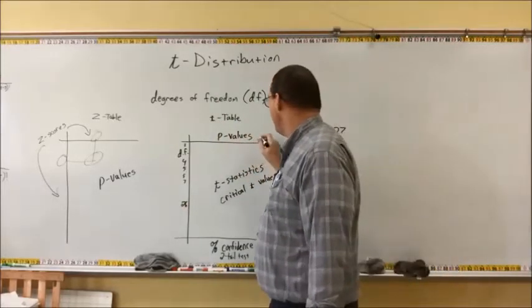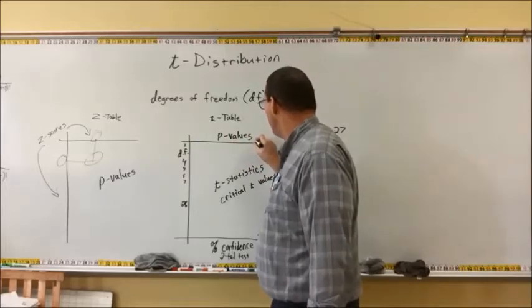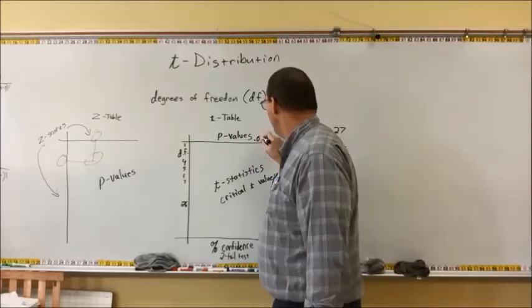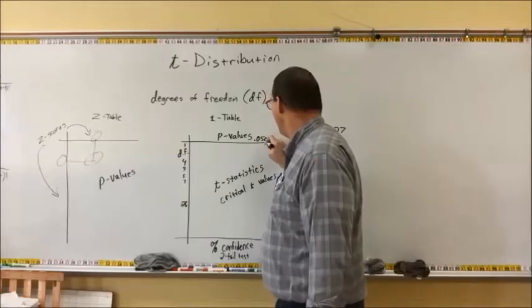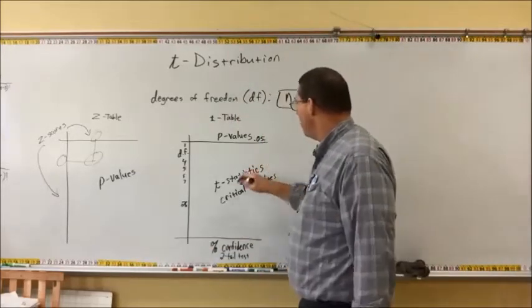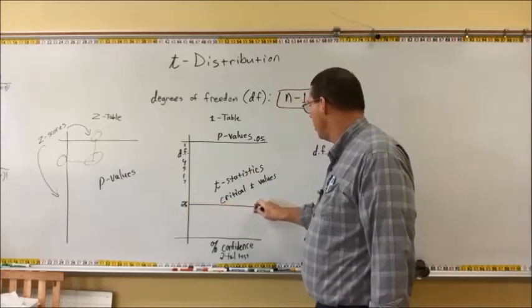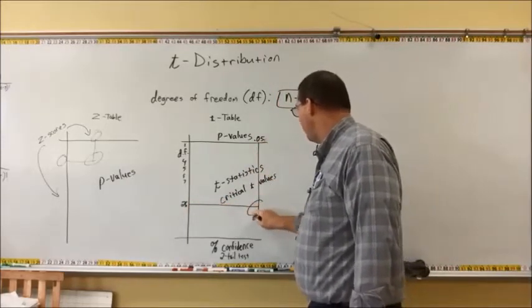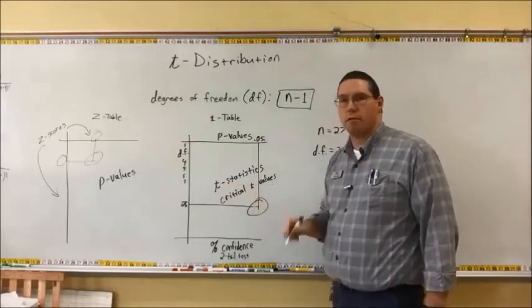Let's say the p-value you care about is 0.0500. All right? But really on the t-table it's only going to say 0.05. And then you would go across here and down here, and this would give you your t-statistic.